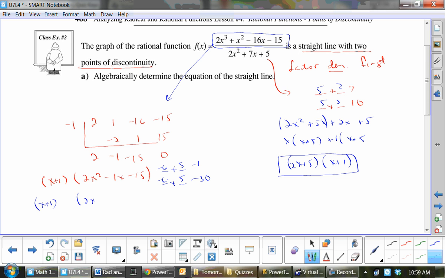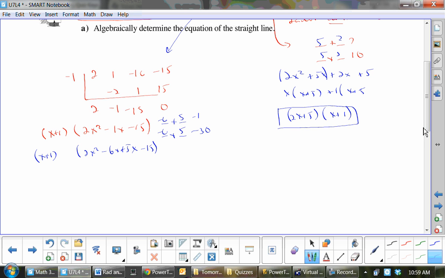This is 2x squared minus 6x plus 5x minus 15. X plus 1 is still out there. I can take out a 2x, leave me with x minus 3. I can take out a 5, leave me with x minus 3.